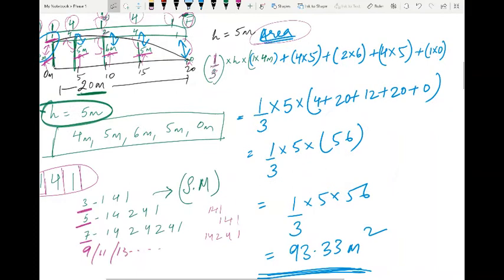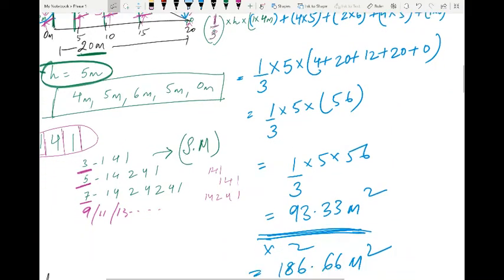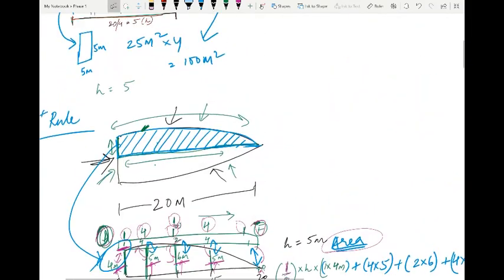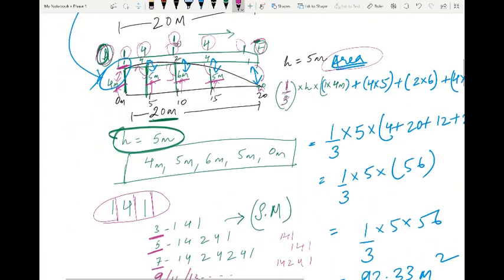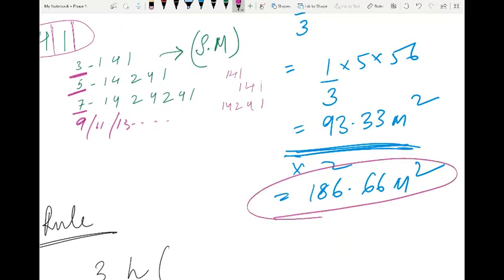If you do the sum, your answer will come to 93.33. Now this is half of the area. If you multiply it by 2, it will become your full area, and then you can find out the area of your whole water plane.